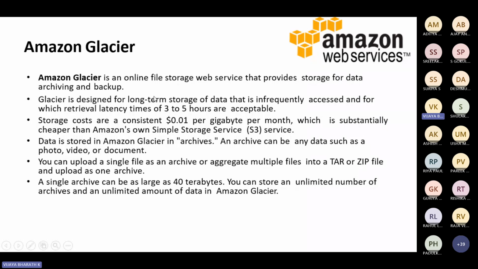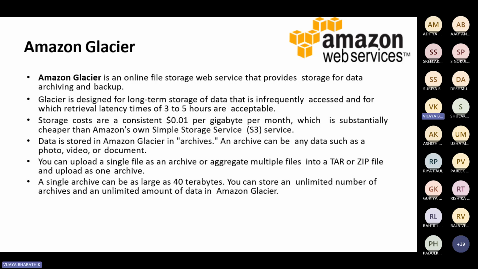As I told you, it is designed for infrequent access, and the retrieval latency is 3 to 5 hours. The storage cost is about 0.01 per GB per month. It's very low, so you can store data in terabytes as well. This is even cheaper than the normal S3 service.